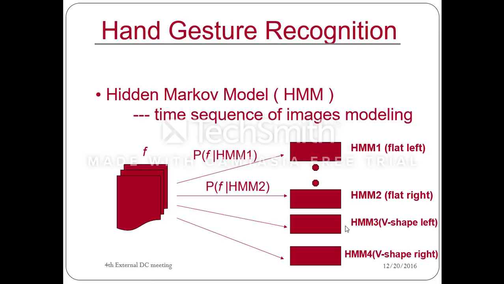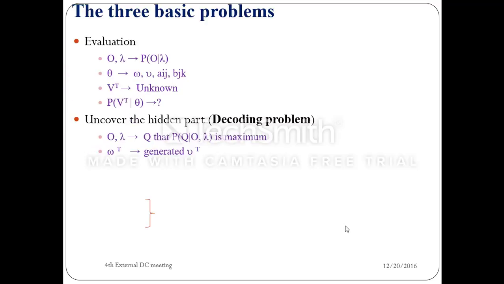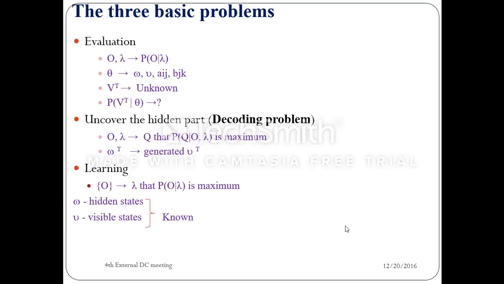So a gesture will follow the images, go to the database, and detect how the hand motions go. The three basic problems are evaluation, uncovering the hidden part or decoding, and the last is learning. This equation follows the three basic problems of the HMM, with hidden states and visual states known, and it needs to be estimated.